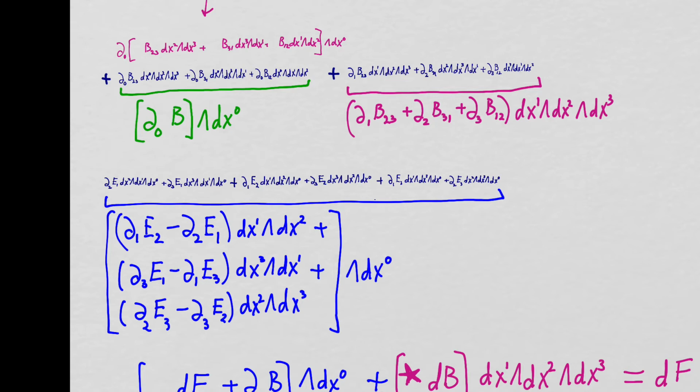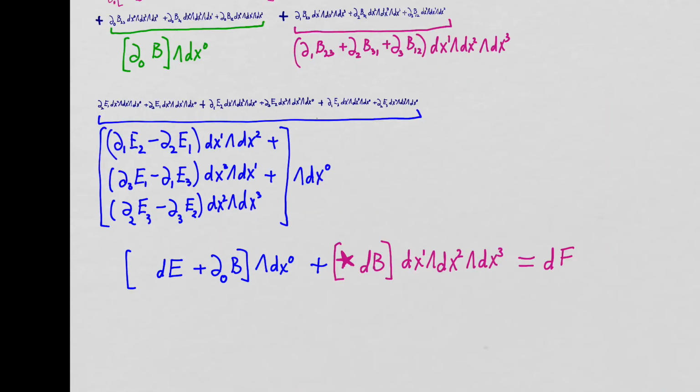And also from Maxwell's equations, we know that the curl of the electric field and the time derivative of the magnetic field combined equals 0 as well. So our next step is to translate this into vector language. To do that, we just combine everything we can combine.